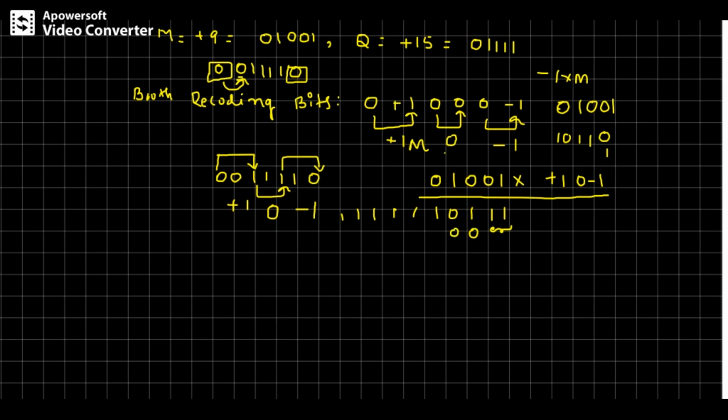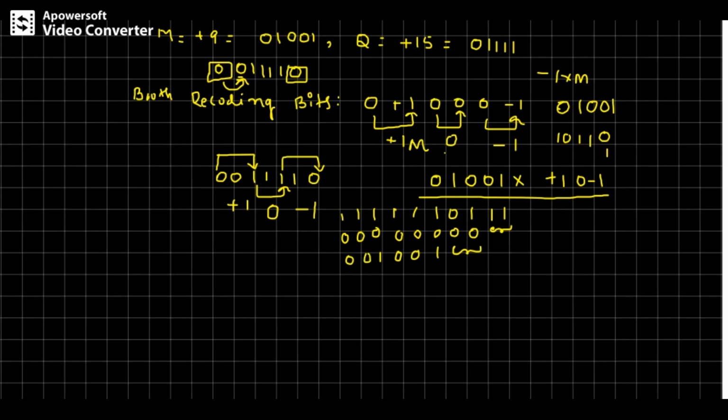0, 0, 0, 0, 0 into m in the sense everything is 0. So similarly plus 1 into m, that means I can leave these two locations. So I can start writing from third bit, so that is 1, 0, 0, 1, 0, 0.